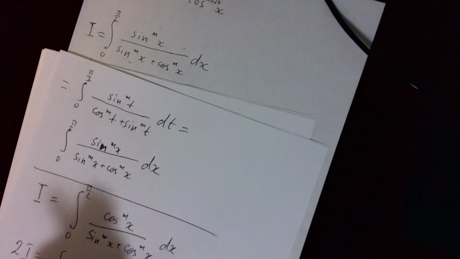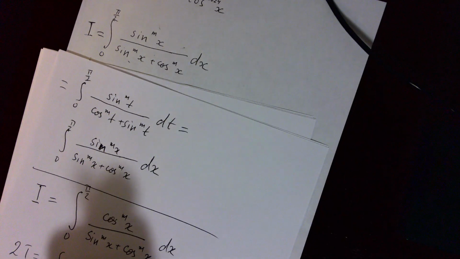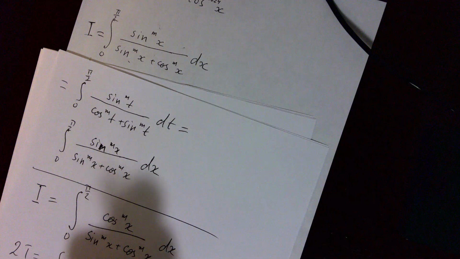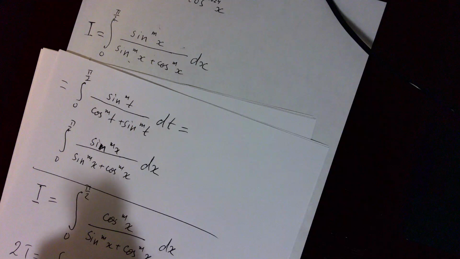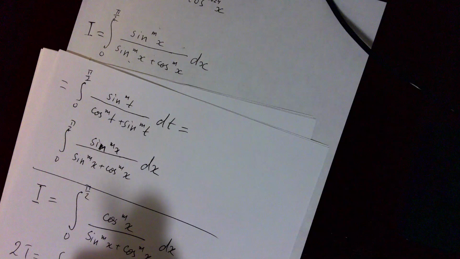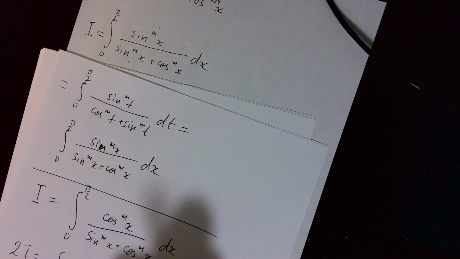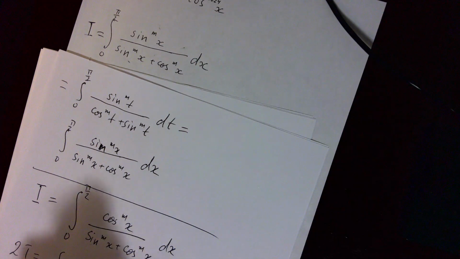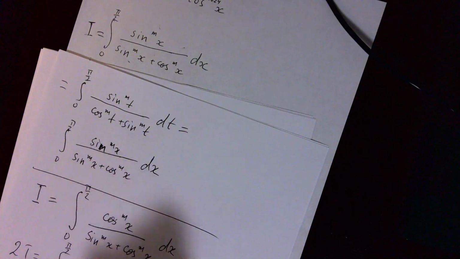So we'll have sine to the power mx plus cosine to the power mx divided by the same sine to the power mx plus cosine to the power mx dx, integral from 0 to pi over 2.